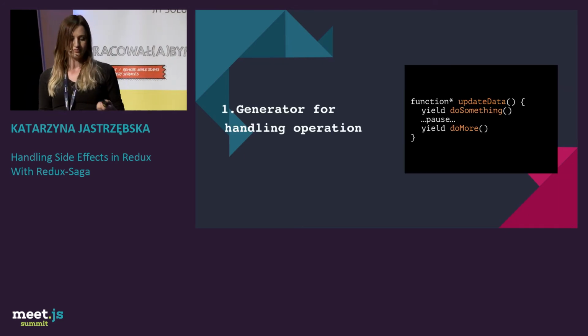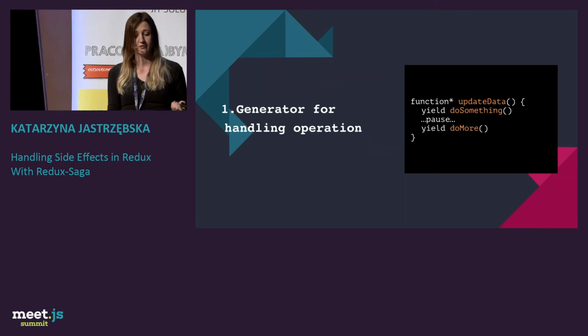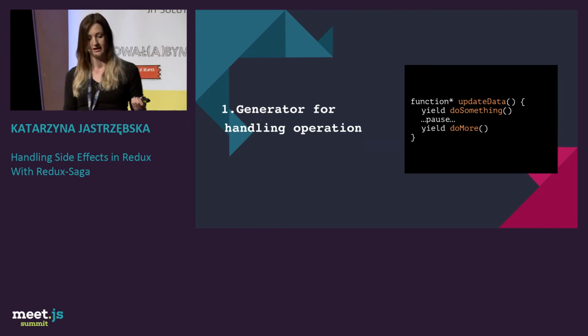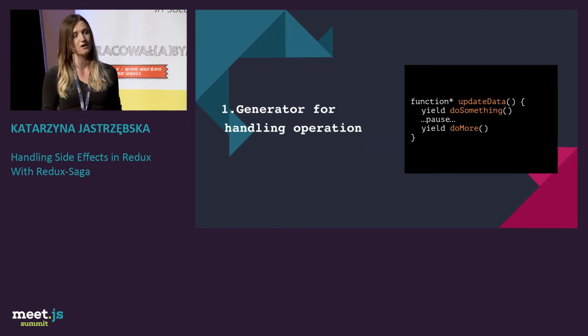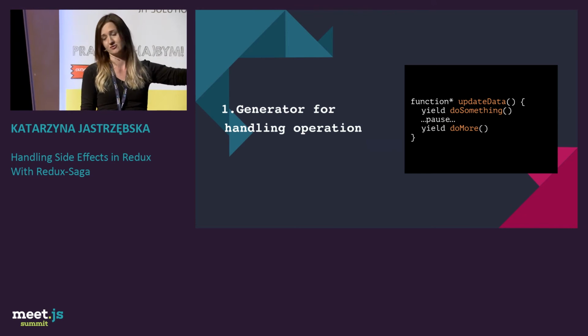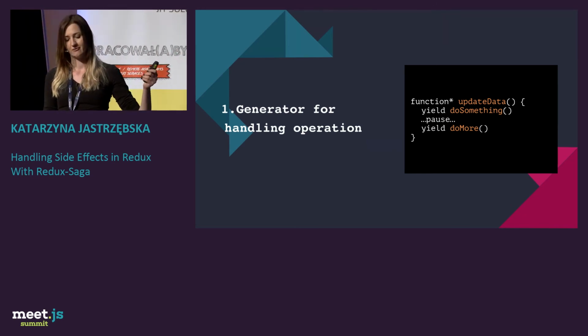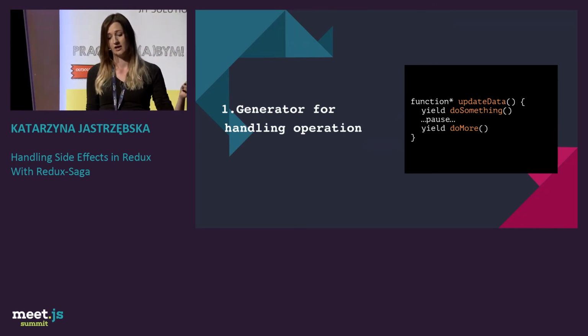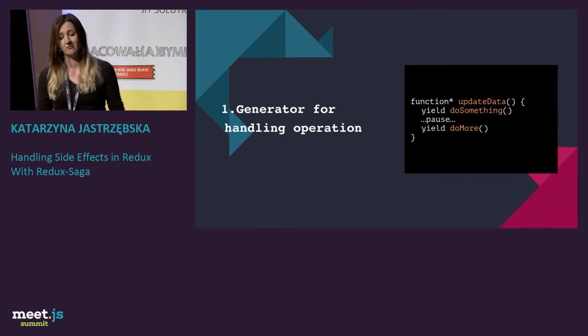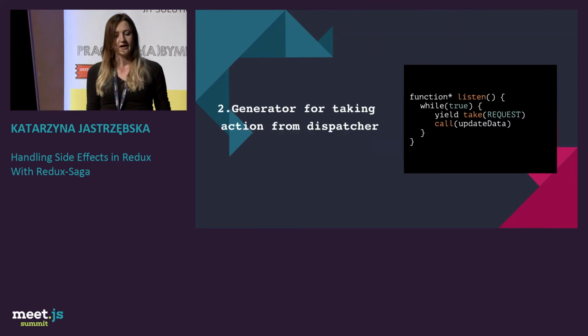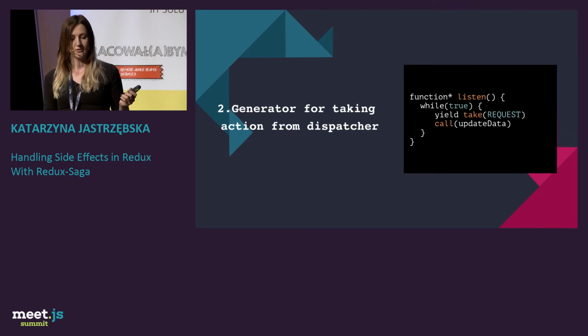So the first step will be to, of course, create a generator which will handle some operations. So I just took the generator we had before, so there is an update data which will do something and then do more, of course. Another step will be a generator which will take every action from our dispatcher.